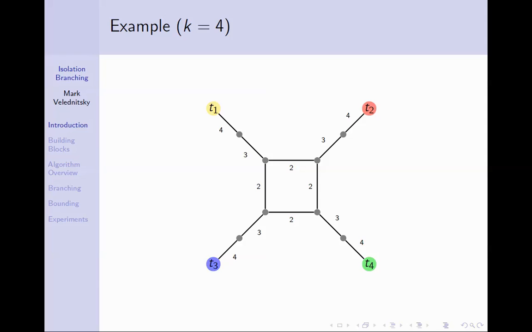If we were to do that, we would separate all the terminals from each other, and the resulting sets that remain connected to the terminals would be the partition. But that's only a cut of weight 9. A better solution is to cut all of the center square. If we do that, we have a cut of weight 8, and the resulting partition is as follows.